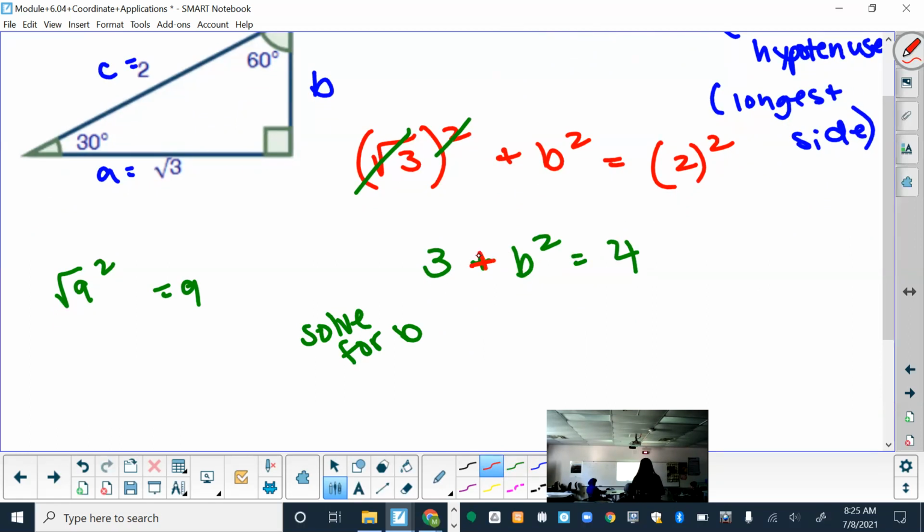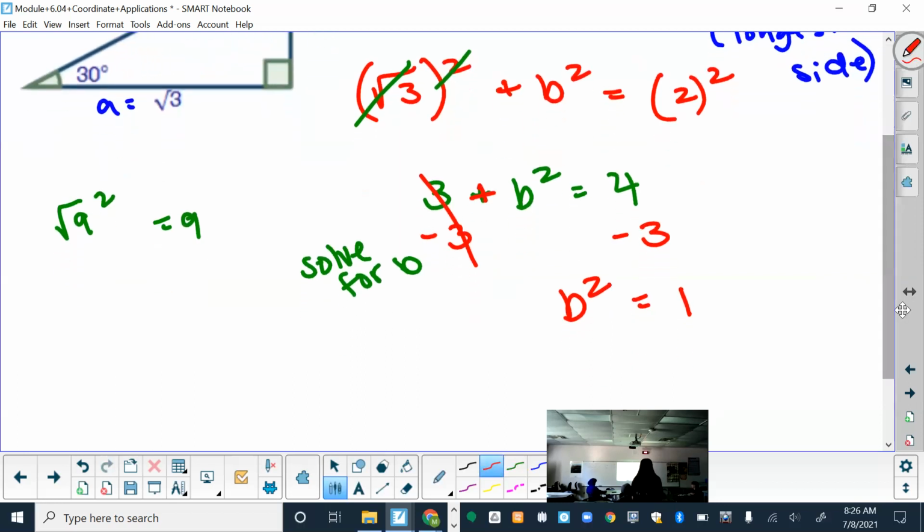The 3 is separated by this plus sign, so I'm going to get rid of that 3 first. How can I make the 3 equal 0? By subtracting 3. Good. And then what I do on one side, I do to the other. So on the left side, I have b squared. On the right side, 4 minus 3 is 1.